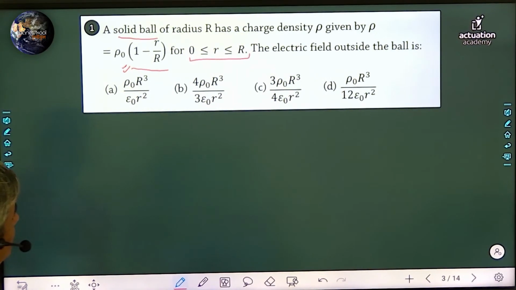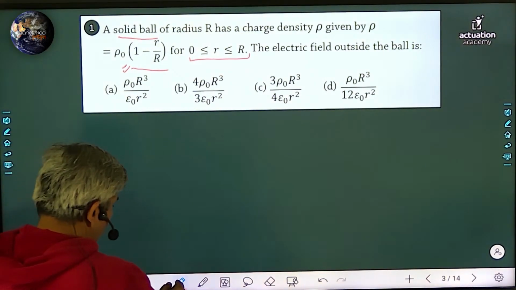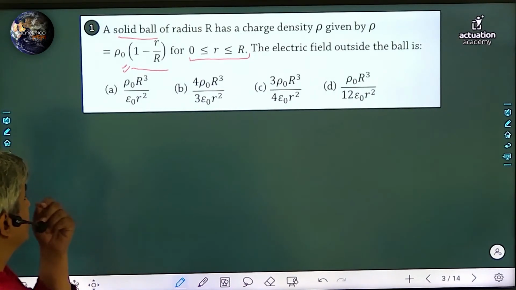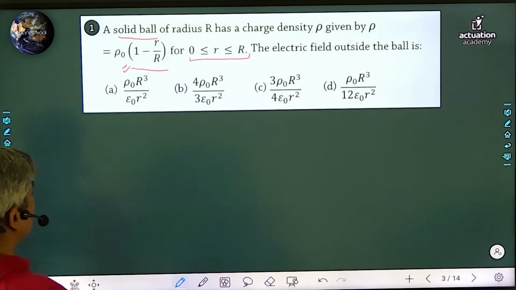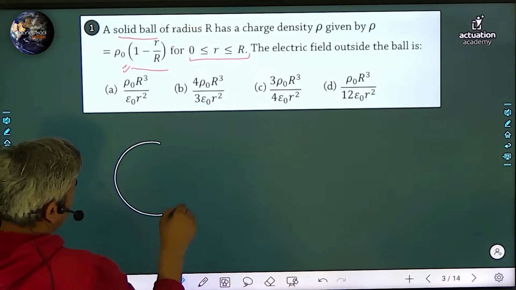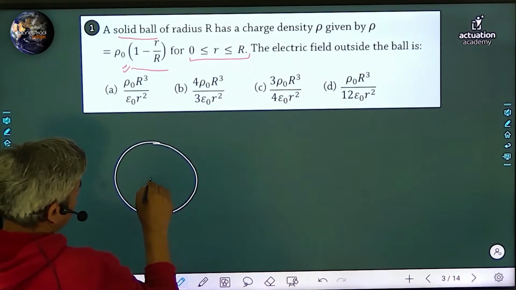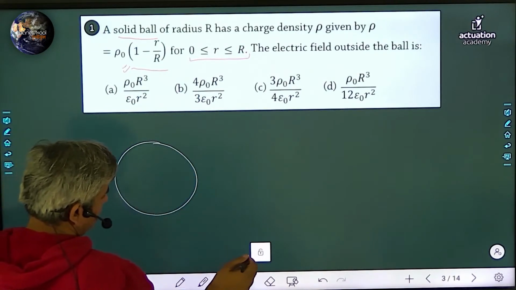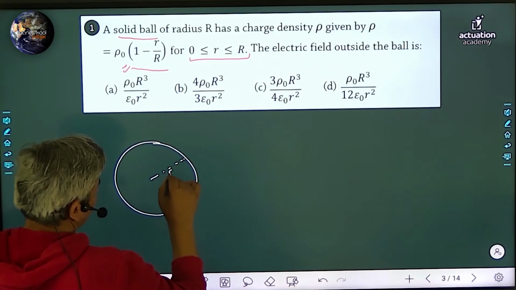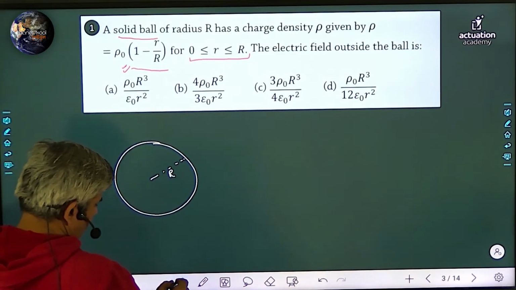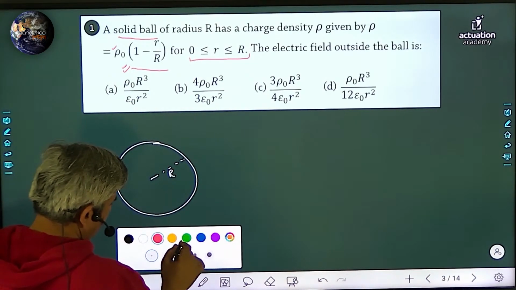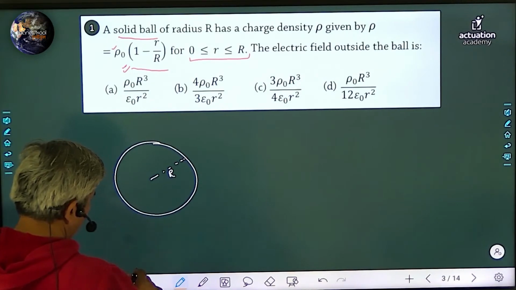the Gauss law, but before using Gauss law, we need to calculate the total charge inside this solid ball. Let's assume we have a ball of radius capital R. Now we know that the charge density is this, so we will be using it.